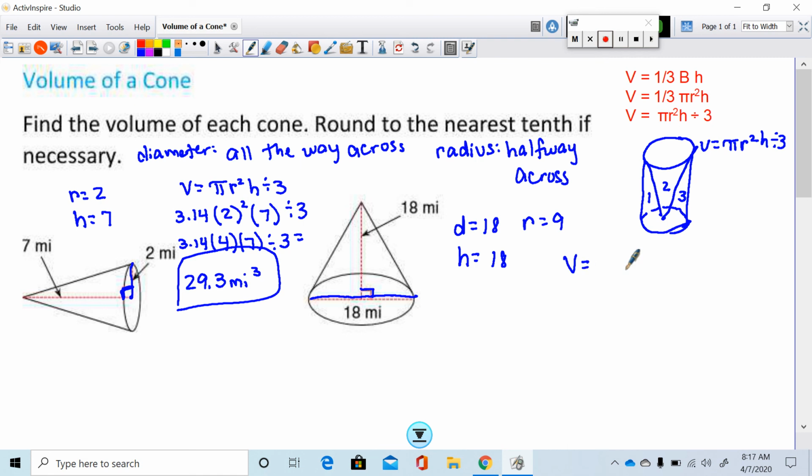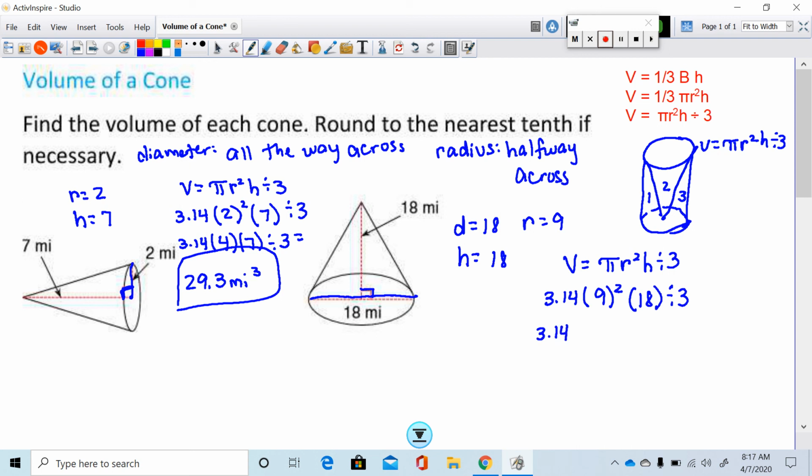So the formula is V equals pi r squared H divided by 3. So pi is 3.14. The radius is 9. Square that. The height is 18, divided by 3. So 9 squared is 9 times 9, that's 81.